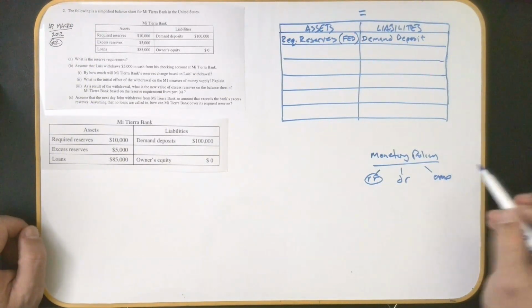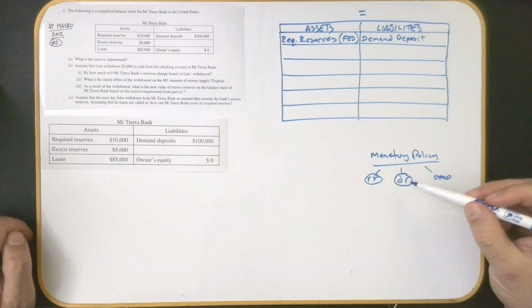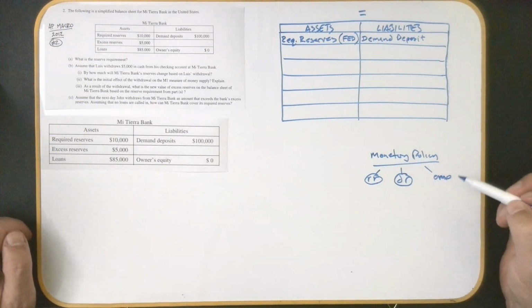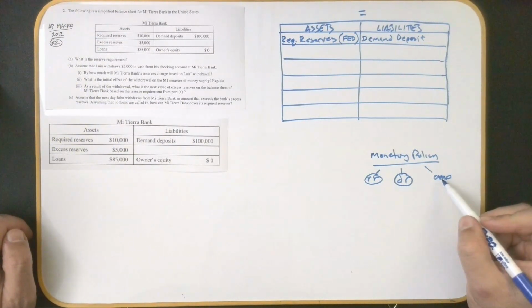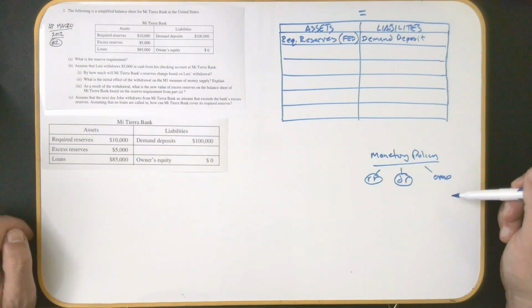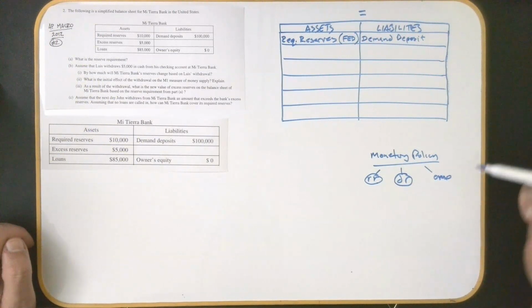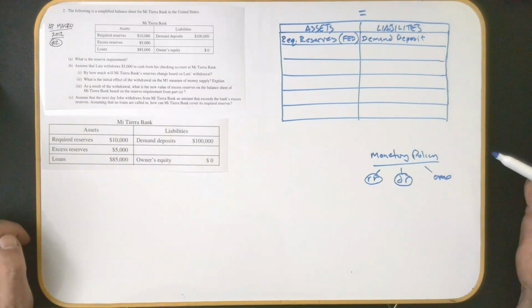The other issue that often comes up is something loosely connected to the discount rate. And the other thing, which can be a little confusing, is open market operations, the buying and selling of bonds. Sometimes banks buy those bonds, and they actually have them as one of their assets. You don't want that to throw you.